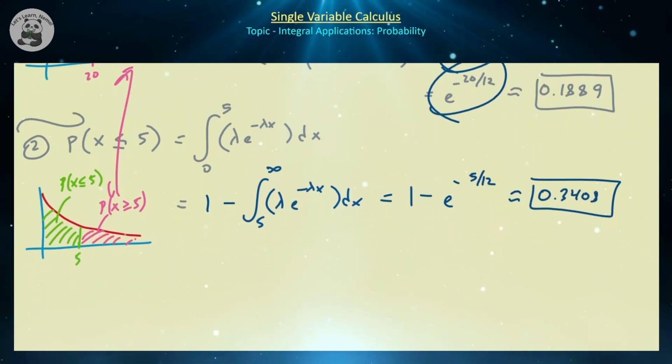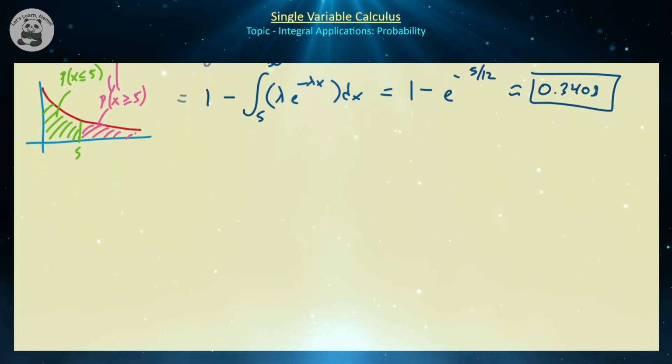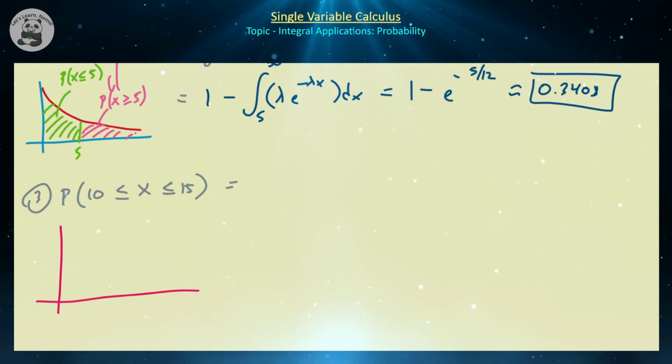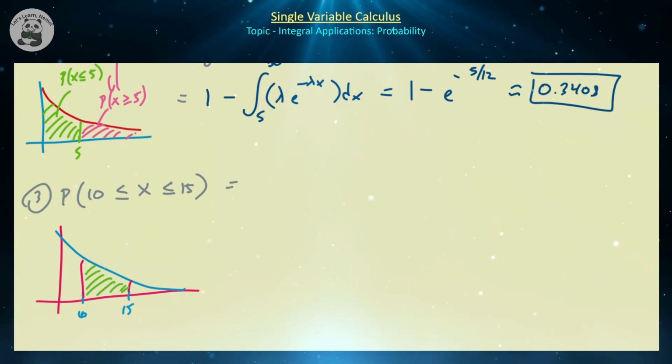Now let's assume that we have the area, or the probability, that our values are between two finite values that are non-zero. So what's the probability that they spend anywhere from 10 to 15 seconds, right? So let's draw our little picture. So now we're going from 10 to 15, and what we're doing is we're aiming for this area here.